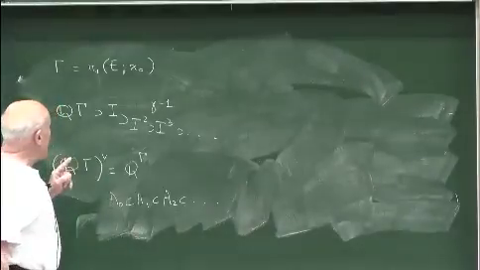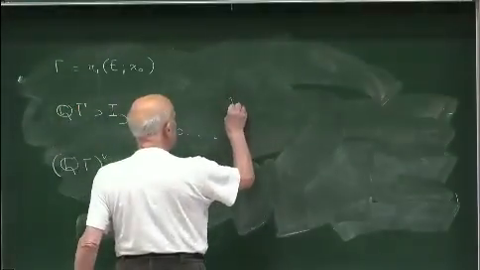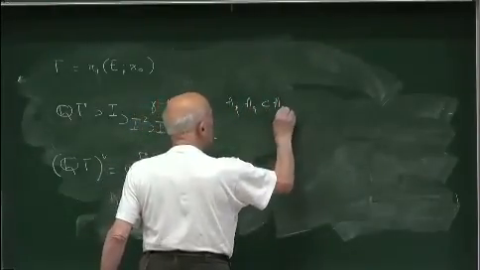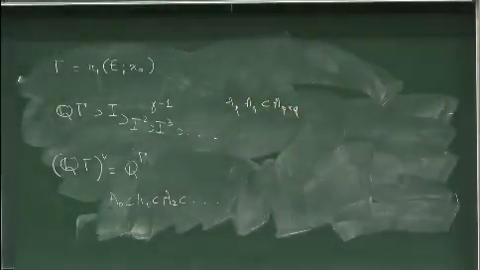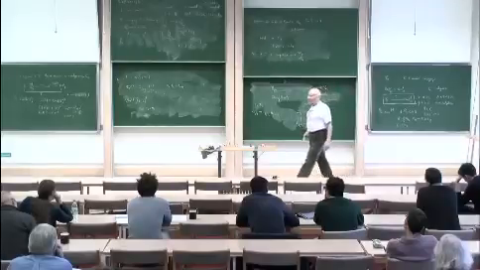But now the multiplication takes AP times AQ into AP plus Q, which means that the union is an algebra. Not every single AP, but the union is an algebra, and it's a filtered algebra in the standard sense.